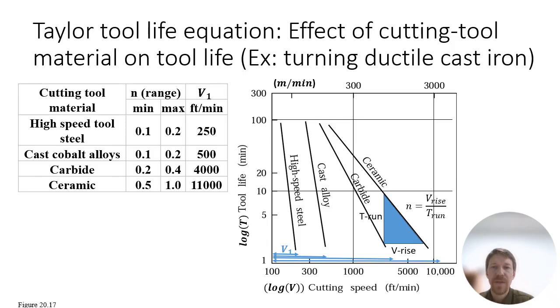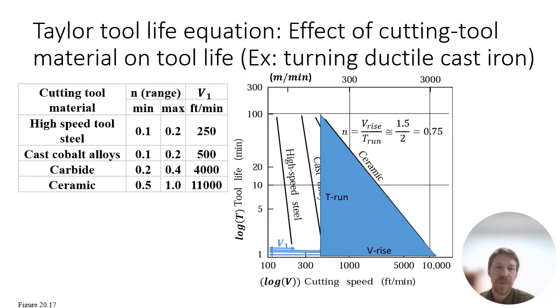And so if you want to get that V rise over T run to approximate the tool life exponent n as closely as possible, you could use this small triangle, but it's going to be easier to expand that triangle based on similar triangles and to get as much of the useful part of that curve within your field of view as you can to identify the rise and the run. So here I've expanded that triangle.